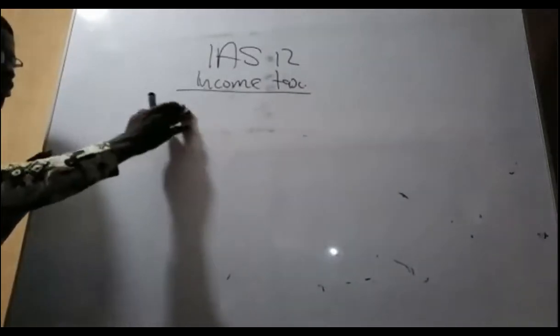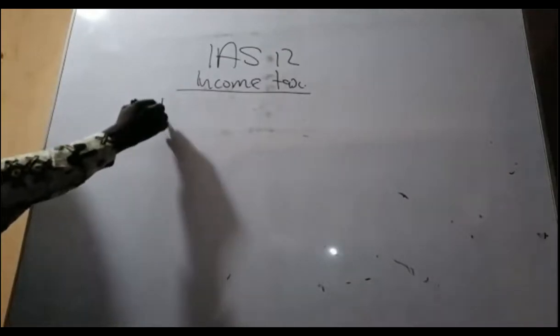So IAS 12 basically explains how the income tax expense of a company will be arrived at, calculated, or accounted for.